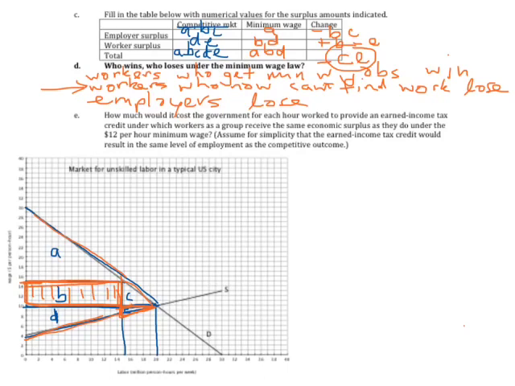I've got the numerical calculations in the answer key, but I want to show you here how I got those numbers. So how much would it cost the government for each hour worked to provide an earned income tax credit under which workers as a group receive the same economic surplus as they do under the $12 minimum wage?